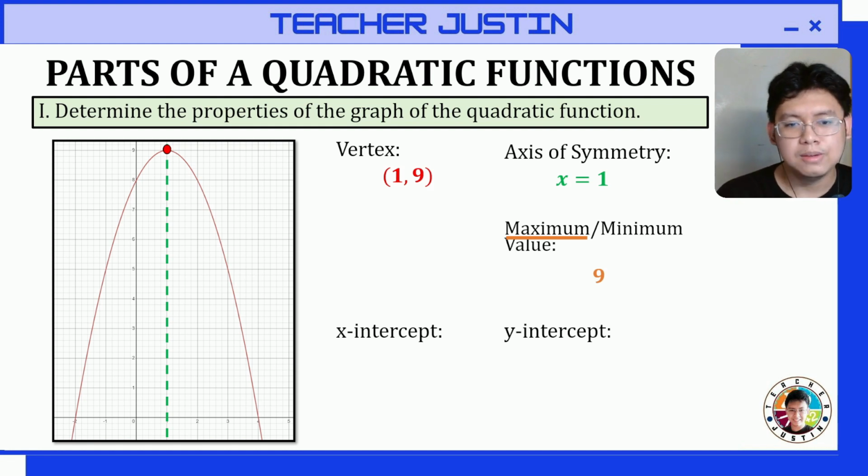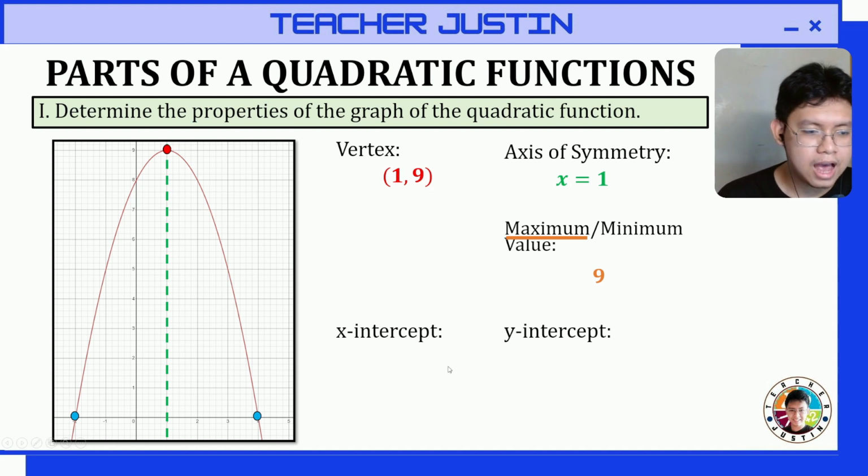Okay. Next, punta naman tayo sa ating x-intercept. So, yung x-intercept natin is part of the parabola that passes through the x-axis. So, yung x-axis natin nandito. So, yung dalawang point of intersection nila is negative 2 and positive 4.